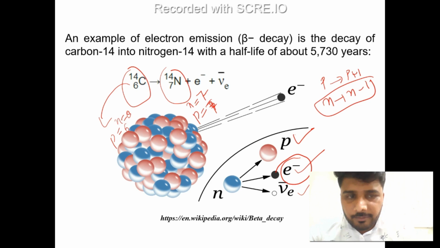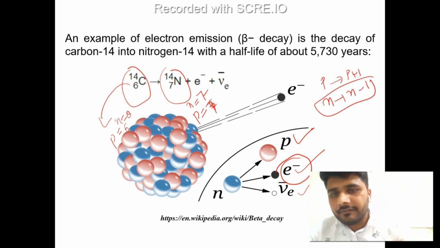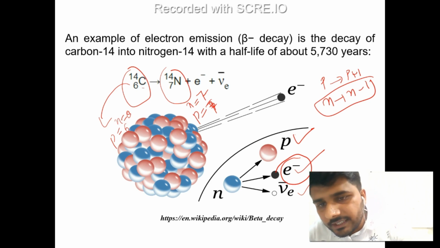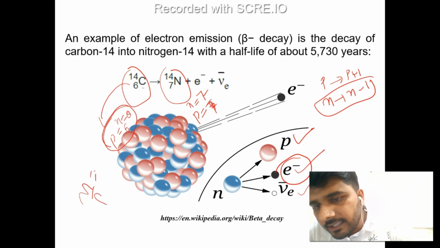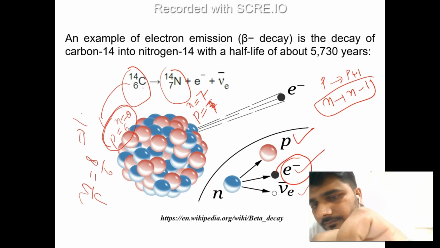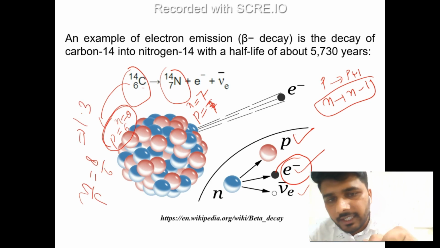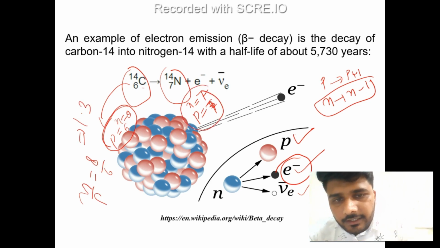So stability in terms of what, how can we say this nucleus is gaining stability? If you see here, neutron proton ratio is 8 upon 6, it's something like 1.3. And here neutron proton ratio is 1.